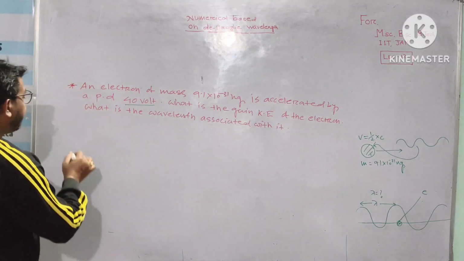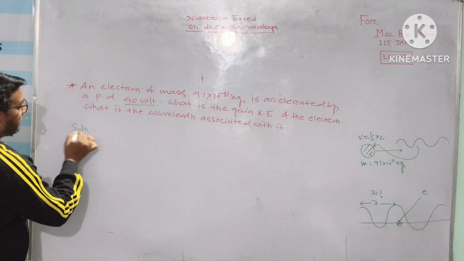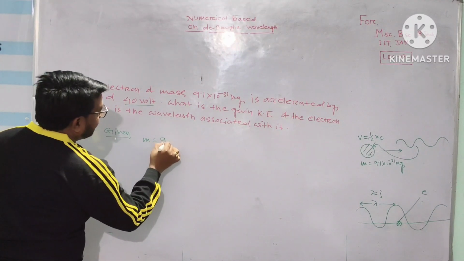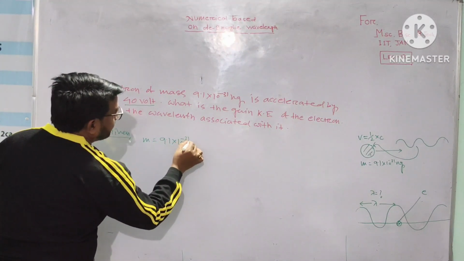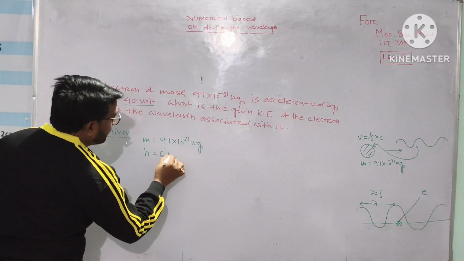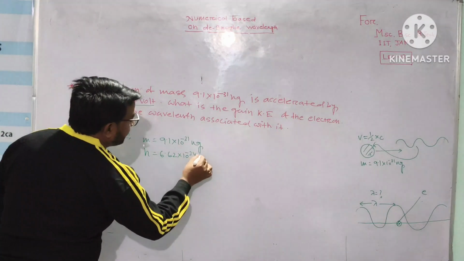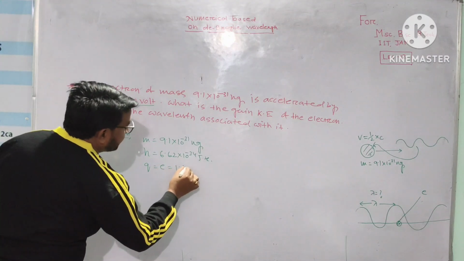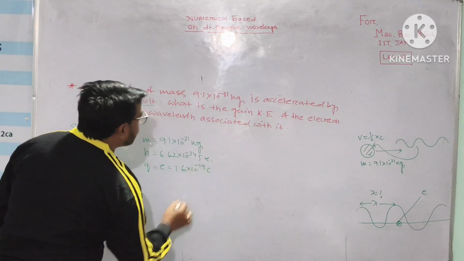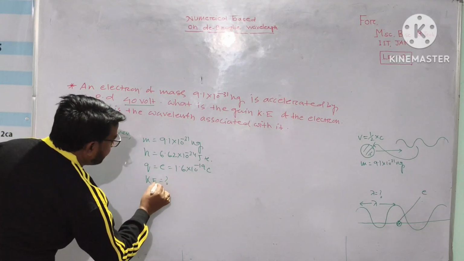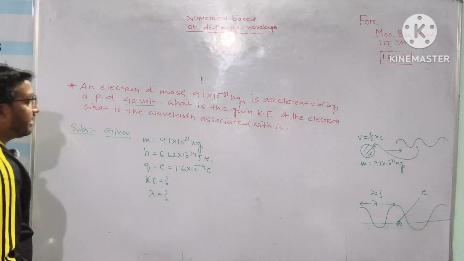The given information: mass of electron 9.1 into 10 to the power minus 31 kg, Planck constant h equals 6.62 into 10 to the power minus 34 joule second, charge q equals 1.6 into 10 to the power minus 19 coulomb, and gain of kinetic energy equals what, and lambda equals what. Okay, our first part.